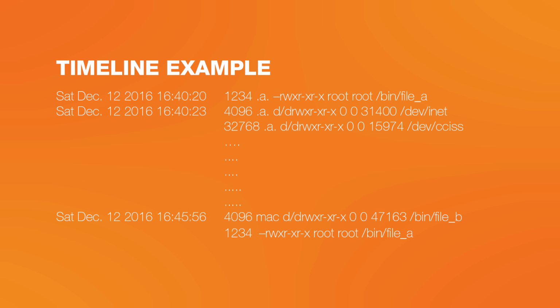If the A time, M time, and C time are all the same, you will see MAC together. In our example, file B's MAC times were last changed on Saturday, December 12, 2016 at 16:45:56. When you create a new file, you should always see the MAC combination.